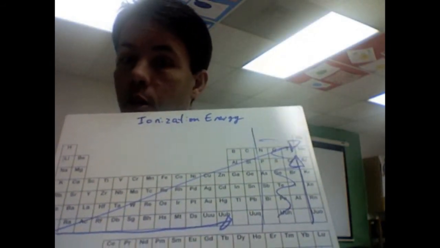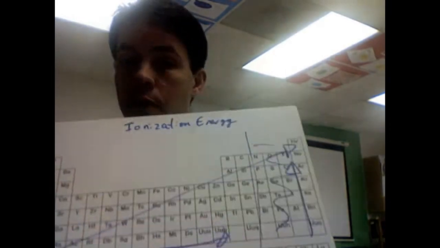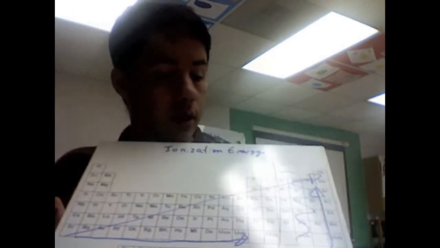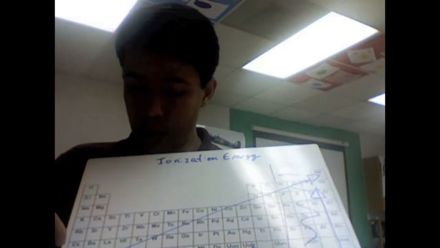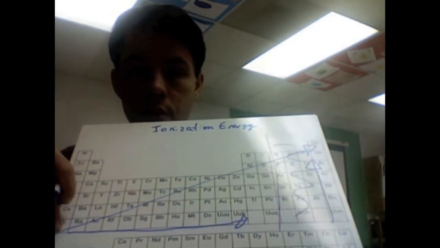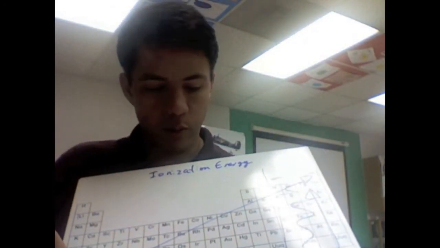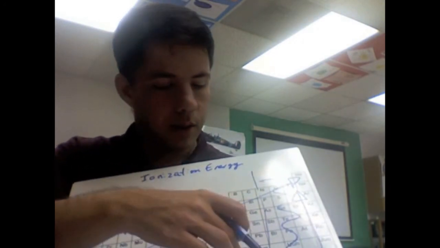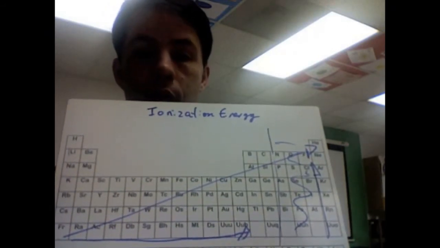No, we've talked about they only want to gain electrons. So if I'm trying to get rid of electrons and they don't want to, it's going to take a lot of energy to get rid of those electrons. So in general, it takes more energy to lose electrons as you go from francium to helium, or you could break that into pieces as you go across the table and go up. It takes more energy to make it an ion, to get rid of electrons.